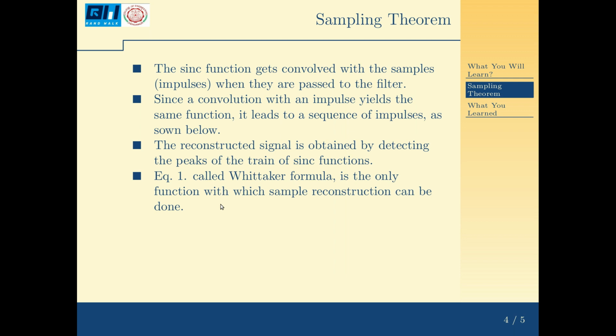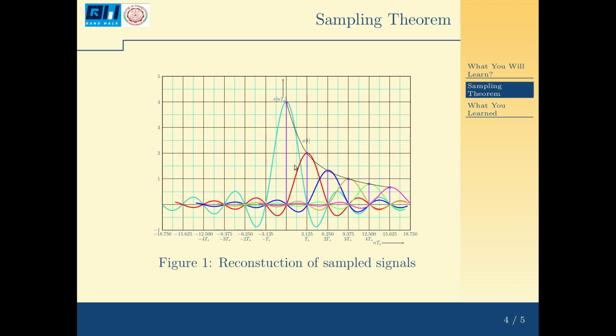Now this picture explains the exact process. This is my sample at n equal to 0, x(0). Now when the sinc pulse is convolved with it, it looks like this. This is my sinc pulse. When any function is convolved with an impulse, you get the same function.